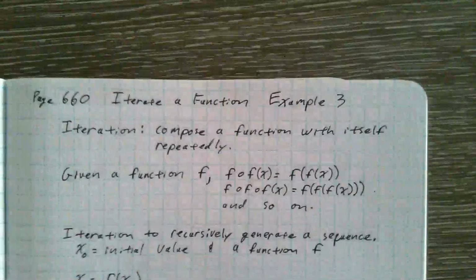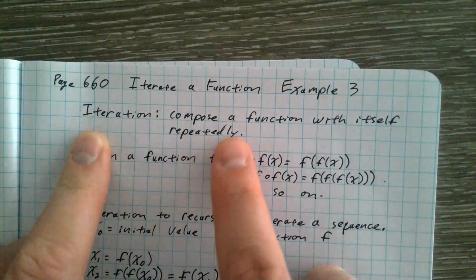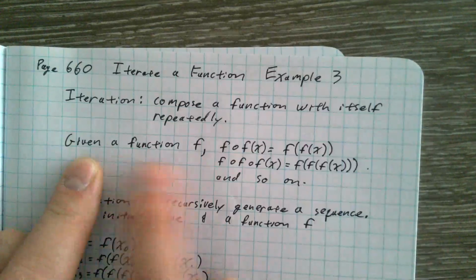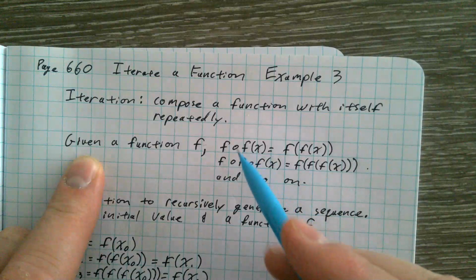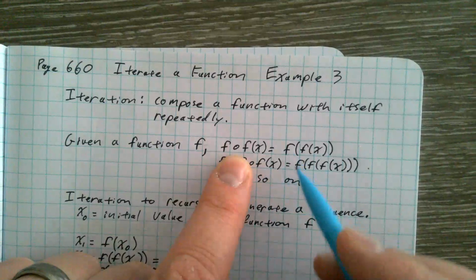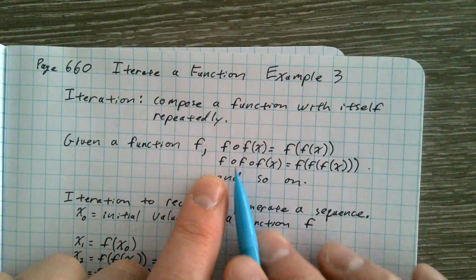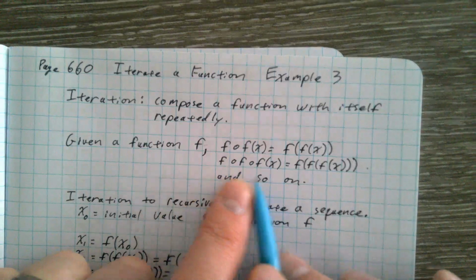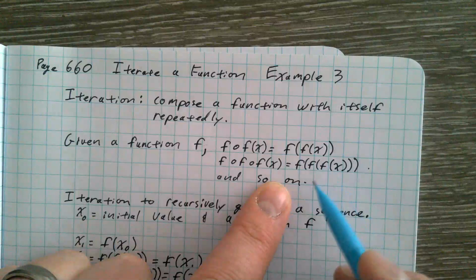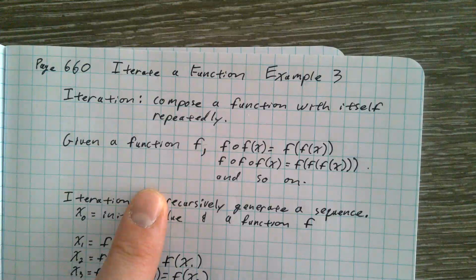So, iterate a function, example 3, page 660. Iteration is composing a function with itself repeatedly. Given a function f of x, f composed with f of x is f of f of x, and so on. So we are creating a recursive formula.